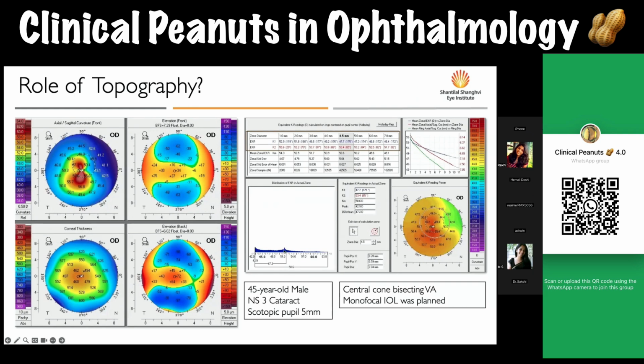Basically, what it shows you is the spread of the keratometry over various zones. And if you find that the keratometry varies greatly, it might be difficult to pinpoint one keratometry value to enter in your calculations. And therefore, such patients may not be great cases for toric IOL implantation.